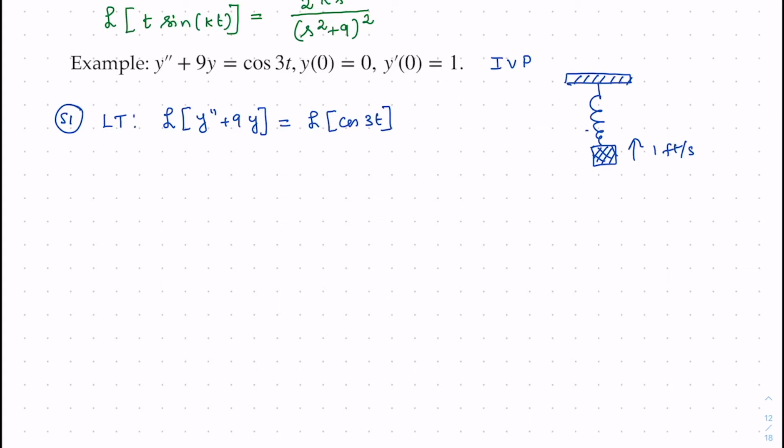And again, using the linearity property and the Laplace of the derivatives, the first one is going to be s squared capital Y of s, minus s times y of 0, and then minus y prime of 0.